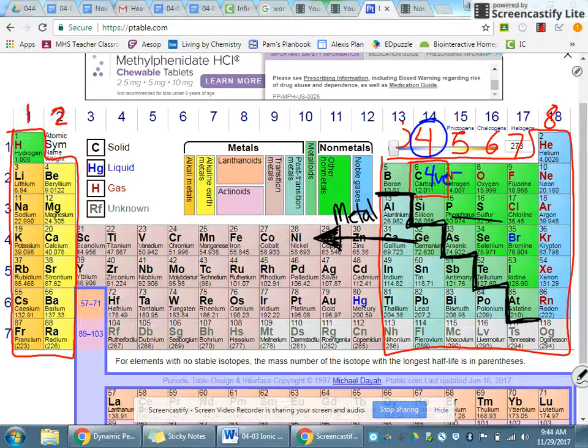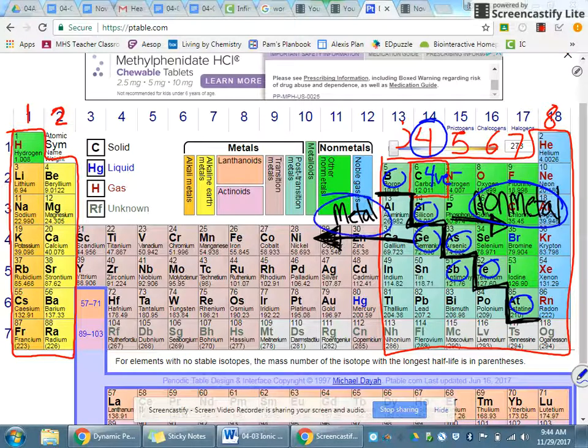And anything to the right of the stair-step line is going to be a non-metal. Now you know that we have these weird metalloids along the stair-step line, but I don't want you to really worry about those right now. Today it's all about non-metals and metals. And that is what occurs in an ionic bond. It is a bond between a metal and a non-metal, or a metal and a polyatomic.